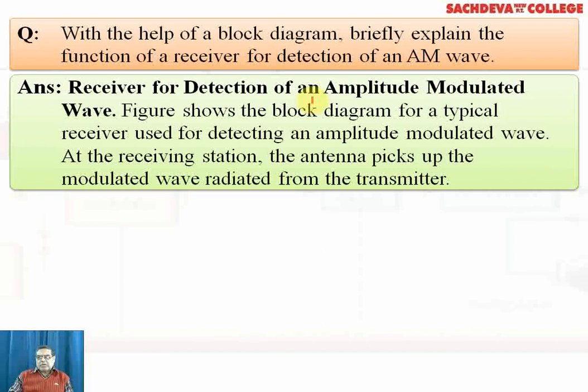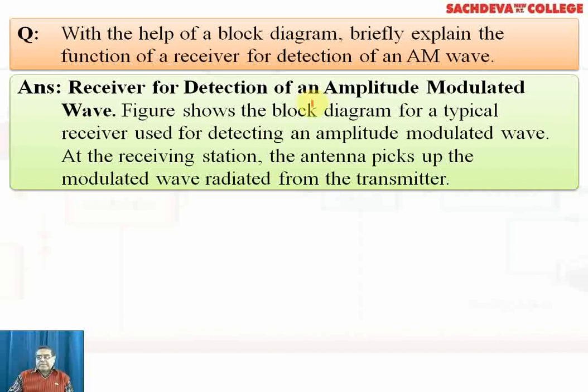The figure shows the block diagram for a typical receiver used for detecting an amplitude modulated wave at the receiving station. Transmission is completed and now the receiving station will get the amplitude modulated wave, and there we have to detect it.